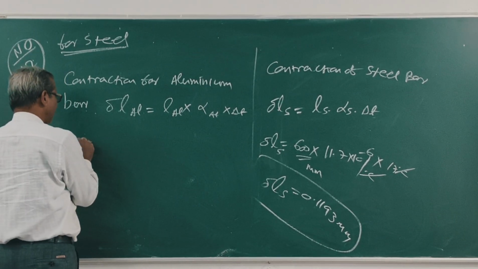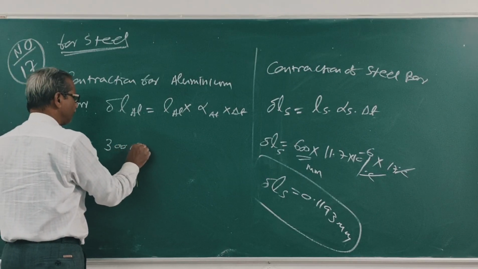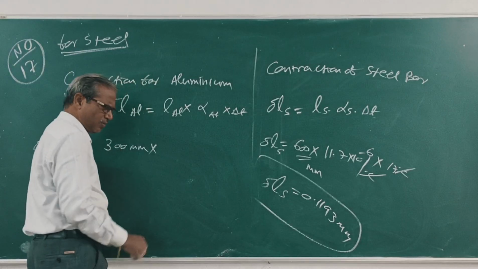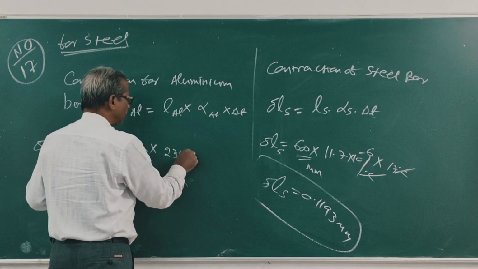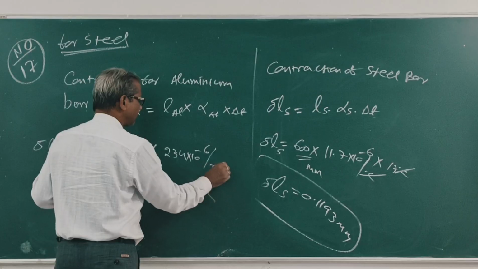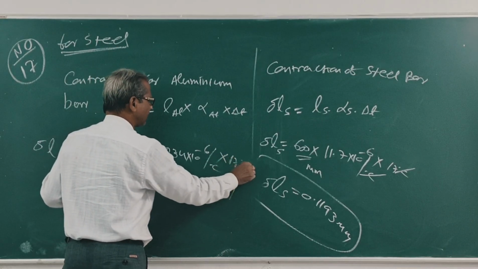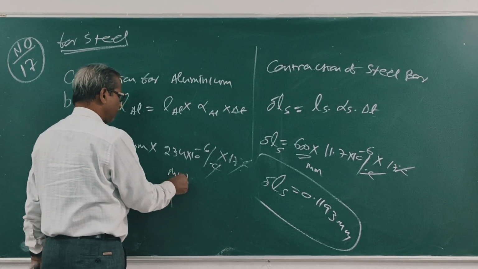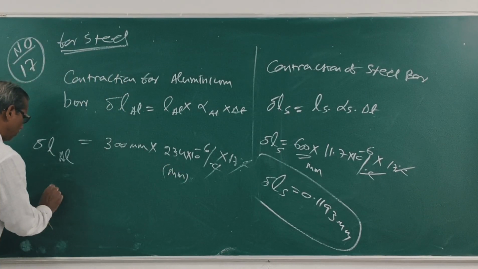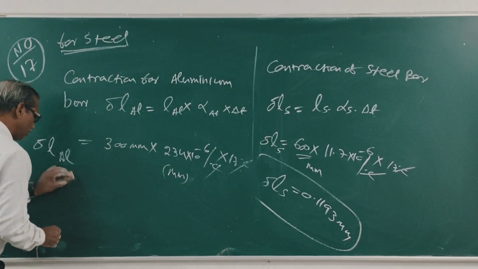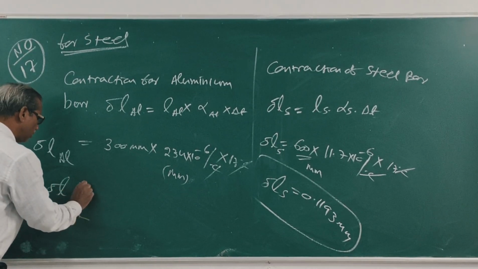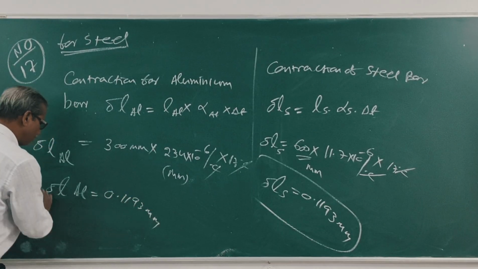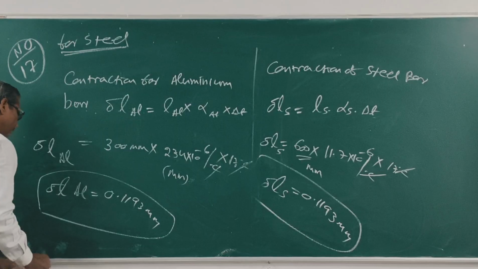What is L L? 300 mm. Alpha aluminum. What is alpha aluminum? 23.4 into 10 to minus 6 per degree centigrade. Delta T 70 degree centigrade. So degree centigrade cancels out. The answer is in mm. So delta L aluminum is equal to 0.1193 mm. Right.